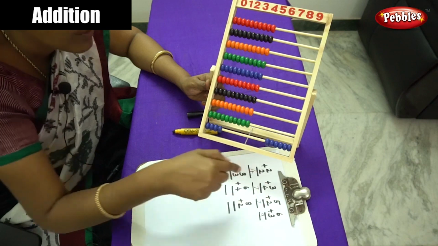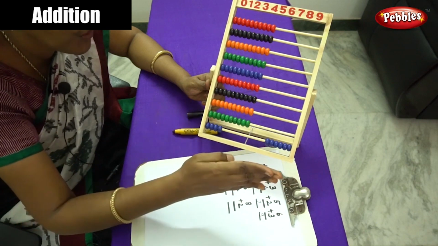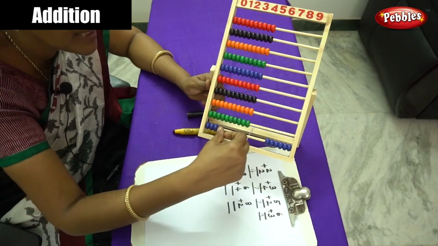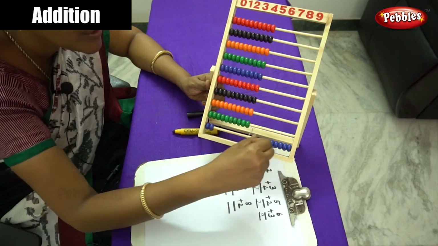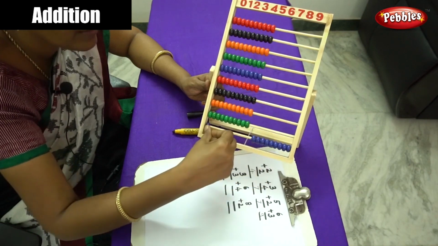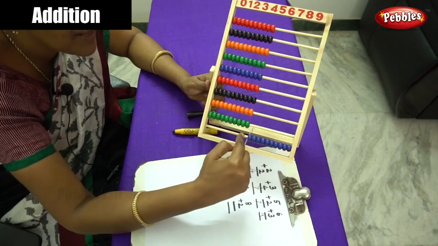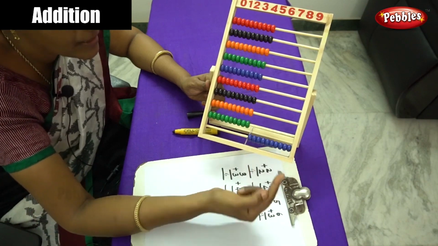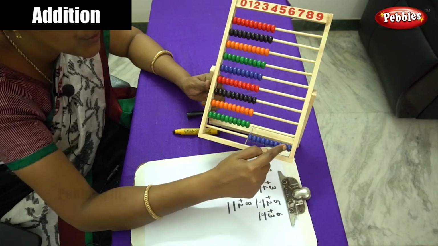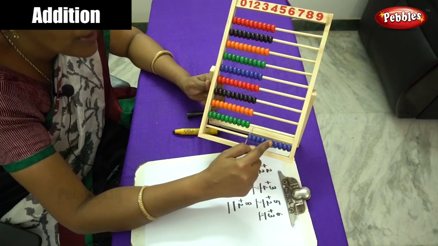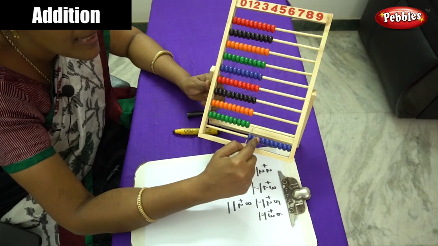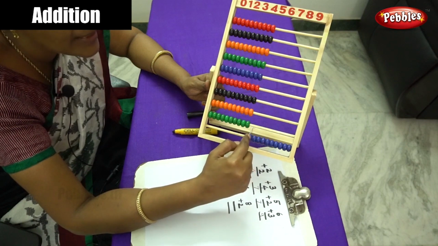What's the next number? 4. So move the 4 beads here. 1, 2, 3, 4. Now 6 plus 4. Listen here. 1, 2, 3, 4, 5, 6, 7, 8, 9, 10.